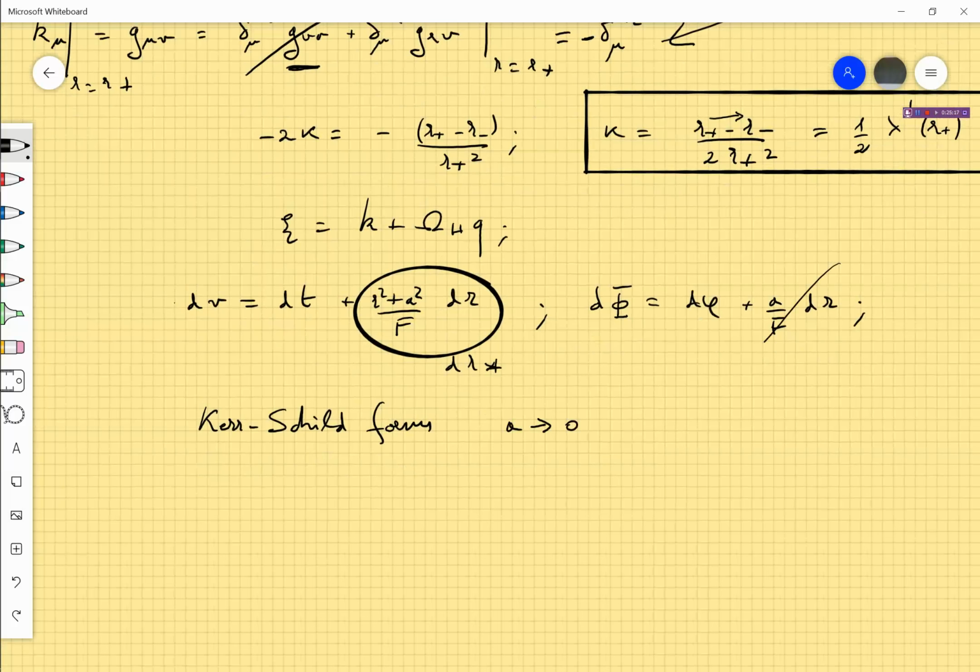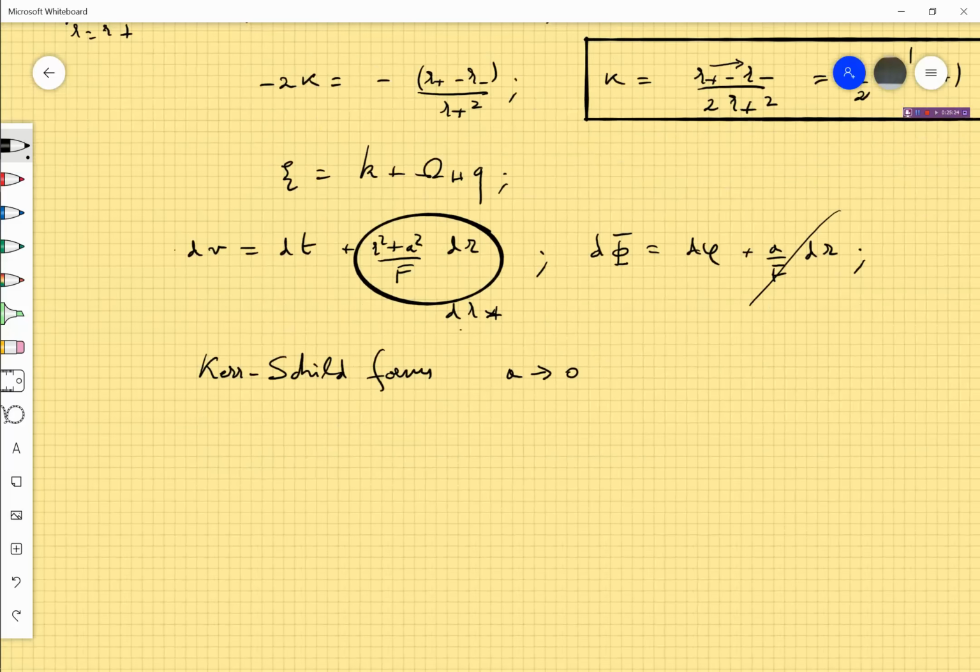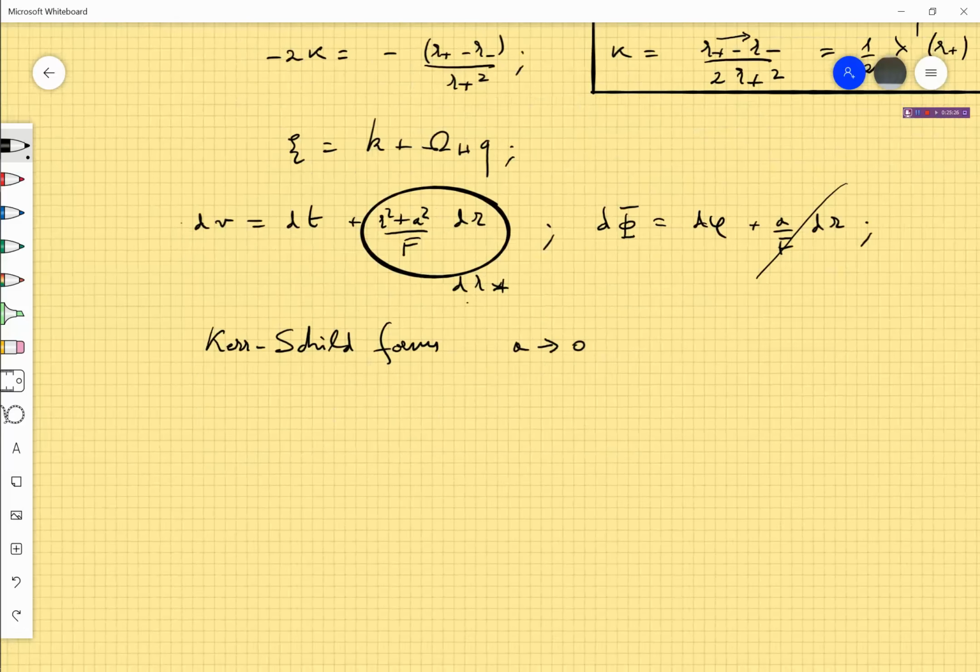When a is equal to 0, this vanishes. This is still the r star, so this is exactly the same change that you do in the Schwarzschild case. Okay, well, the metric in the Kerr-Schild form is given in the lecture notes. I will not rewrite it here.